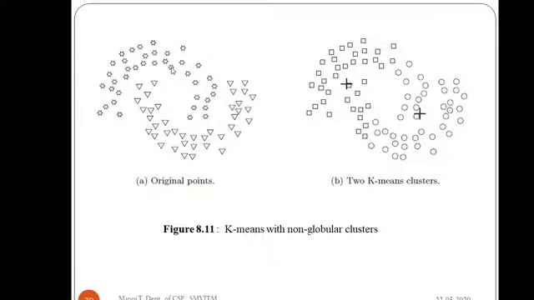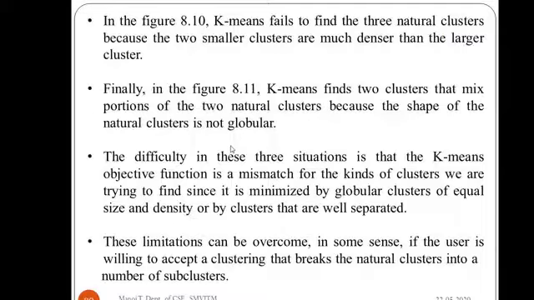If you see this figure, it mixes points of one cluster into another, because of which it is hard for k-means to find the exact centroids and partition that. So it is not globular in shape, which is why k-means finds it difficult.